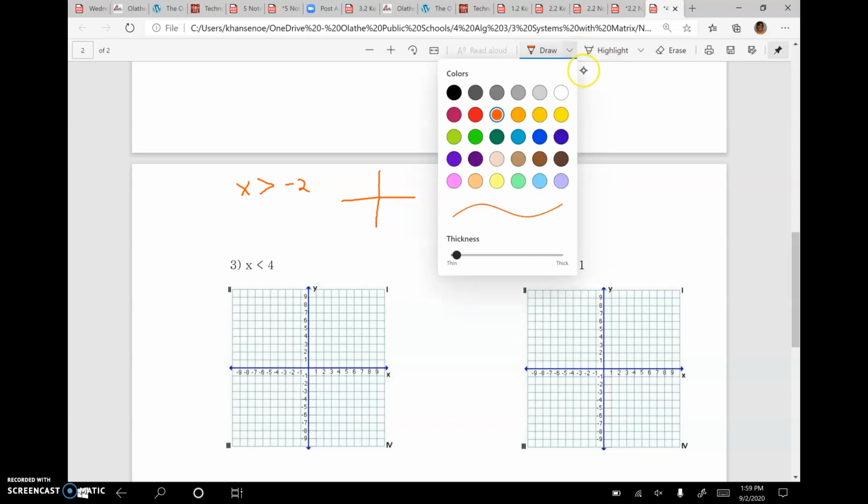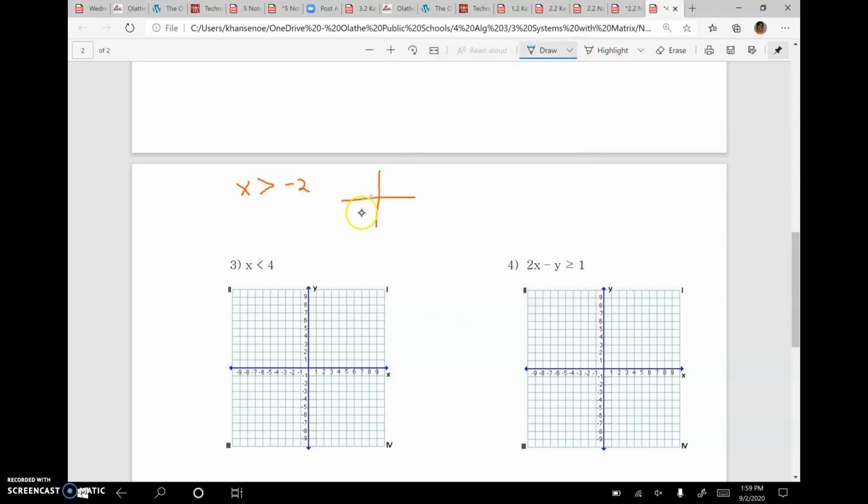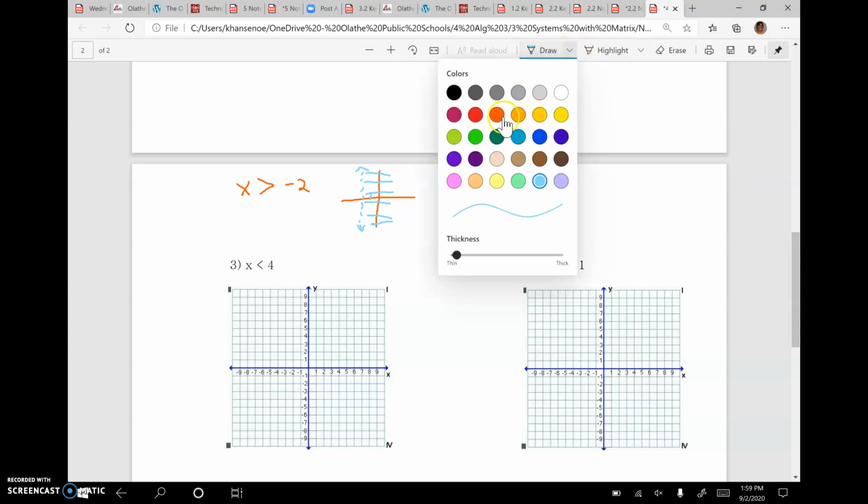I am going to go over to -2, and then the inequality means it's going to be a dotted line, greater than. Where are all my x's greater than? Okay, so when the inequality is solved for x, that means it has to go through the x-axis.